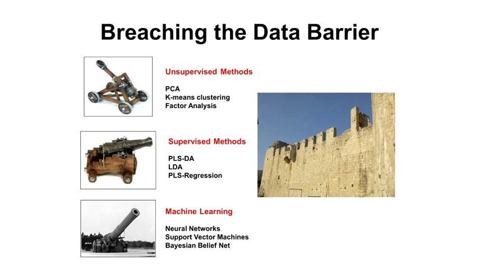So PLSDA is one of those canons. Linear discriminant analysis is another. OPLSDA is another one. If the canons don't knock the wall down, then you can bring out the really, really heavy artillery, and those are the machine learning techniques, which are generally more sophisticated and involve neural networks and support vector machines. So those are different things that you can use in your arsenal of tools to help get through these daunting data collections that you get from NMR or mass spec.